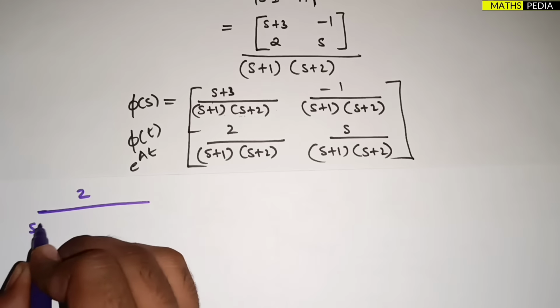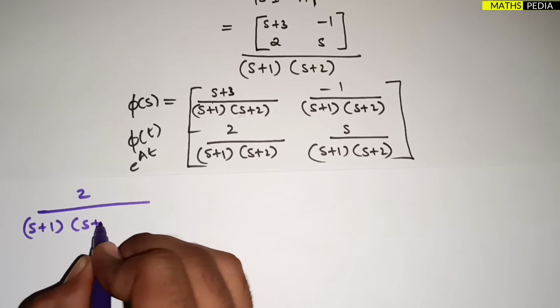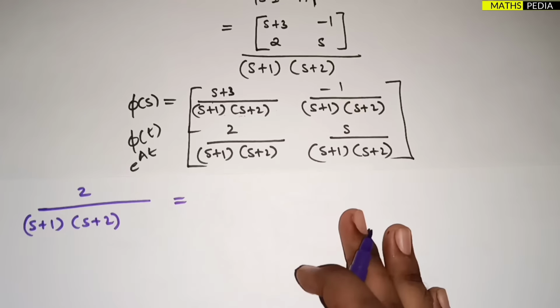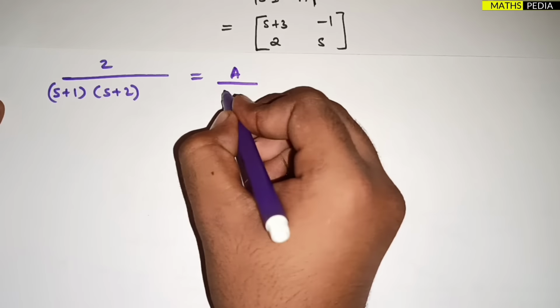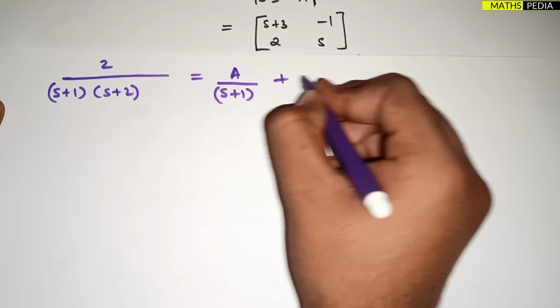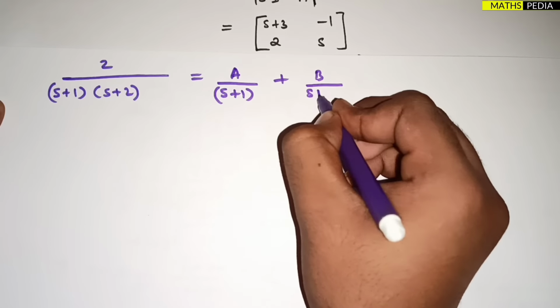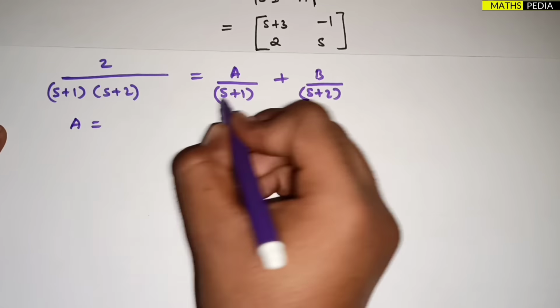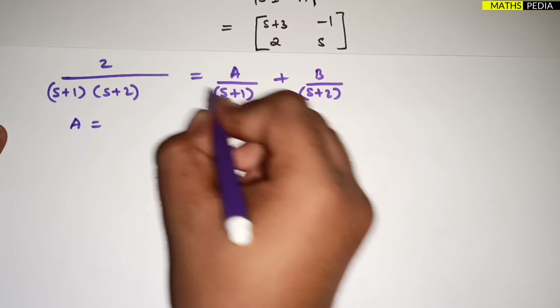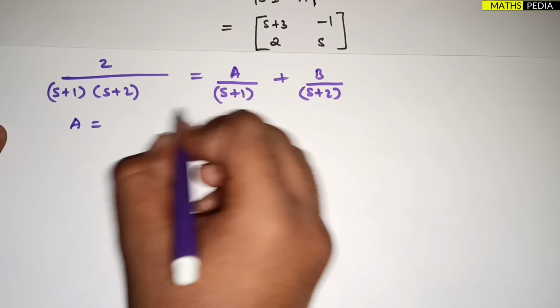2 by (s plus 1) into (s plus 2) equals partial fraction. How we have to do? See here, a by (s plus 1) plus b by (s plus 2). So we need to find out a first. So a is equal to whatever is there in the denominator of a, just multiply over here, take it to the LHS part.